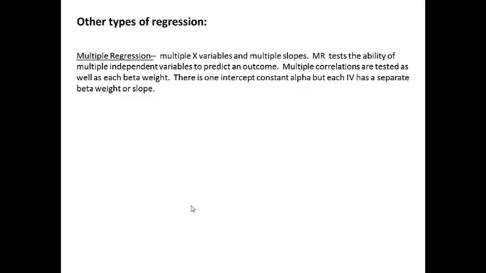Multiple correlations are tested as well as each beta weight. There is one intercept constant alpha, but each independent variable has a separate beta weight or slope. Would we want to run a test of 5, 6, 7, 8, 9 different independent variables? Probably not. Most of the time, multiple regression will only use maybe 2 or 3 different independent variables.